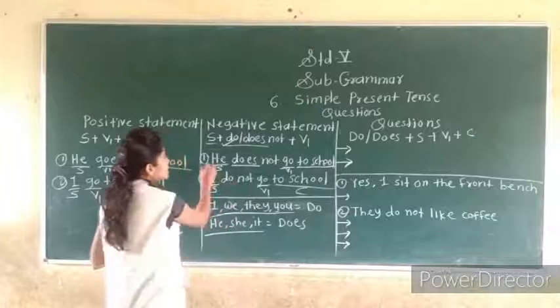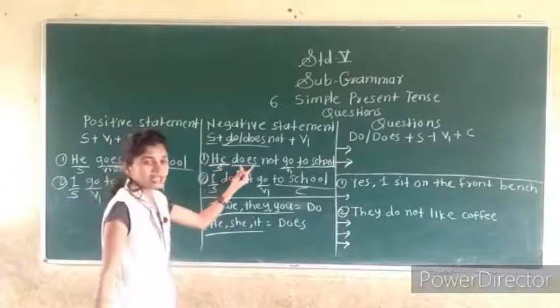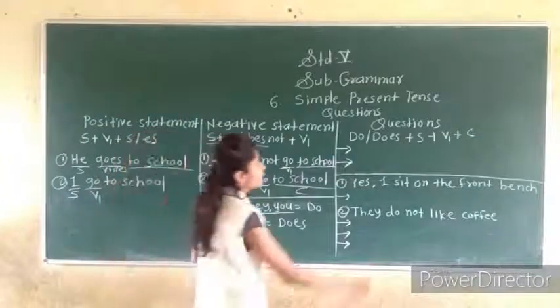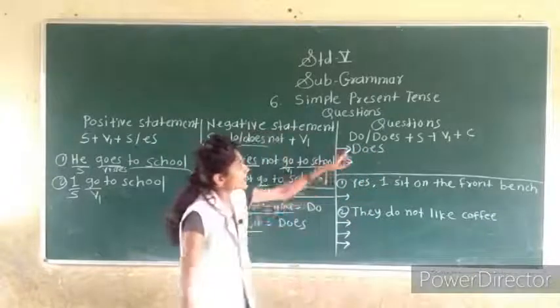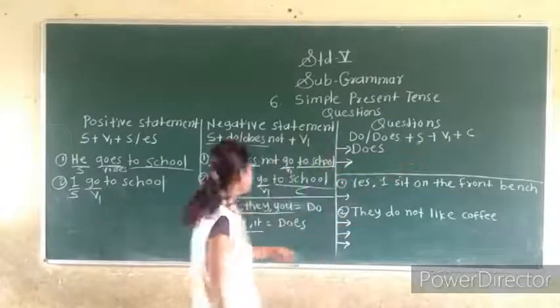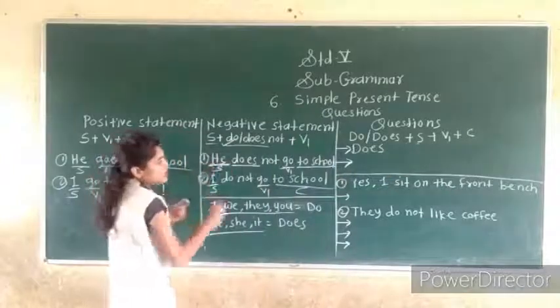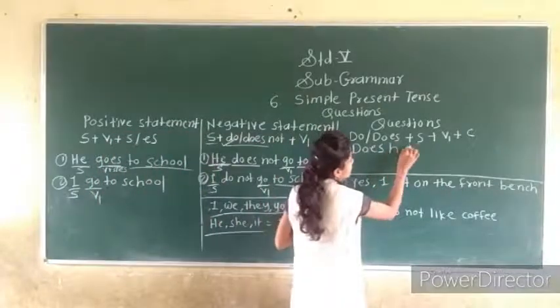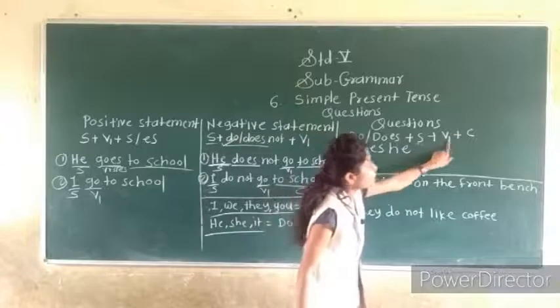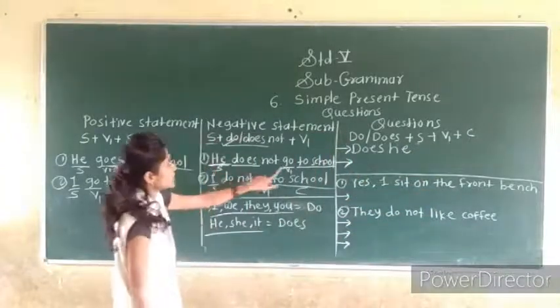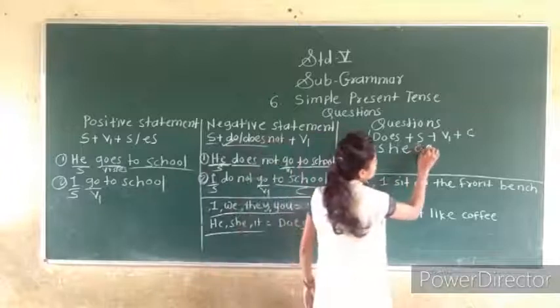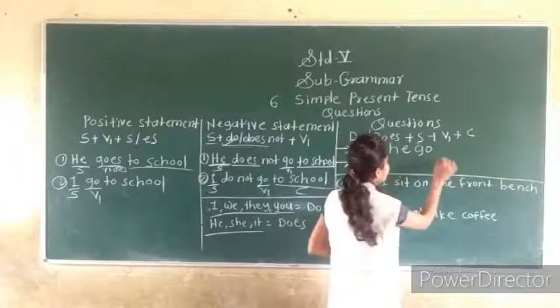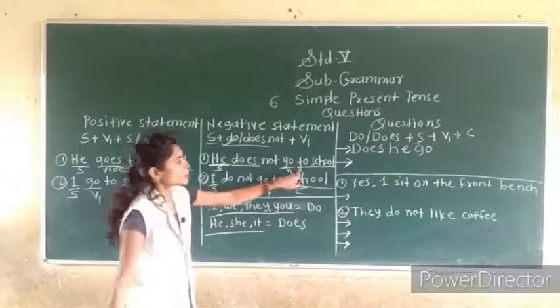So he, what do we use there? Does. That is the singular. So first use does. After does, what is the formula? Subject. Subject, what is it? He. After he, what? Verb 1. Verb 1 is go. After that the complement. Complement, what is it? To school.